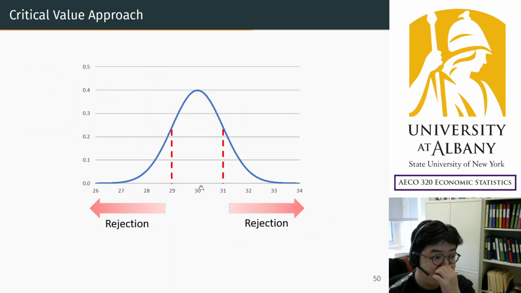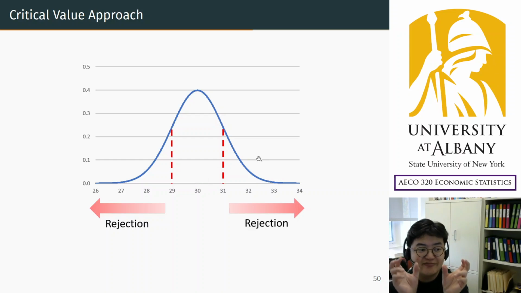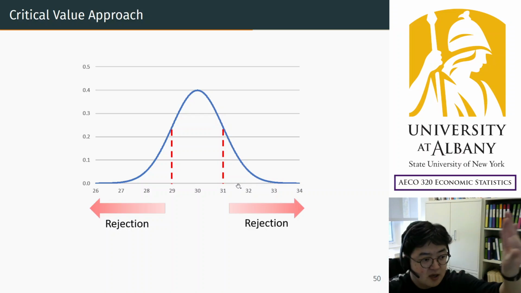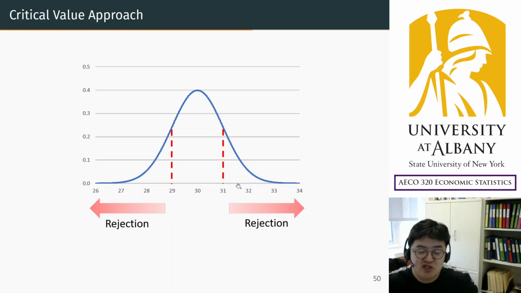Okay? So the idea is like this. My belief is 30, but I allow a certain buffer around 30. So I choose critical values here and here, and then you reject any sample average that is below this point or above this point, because they are too much different from your belief of 30.